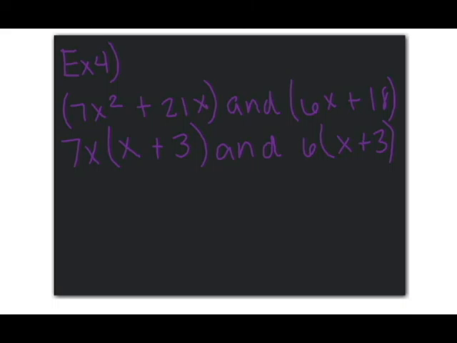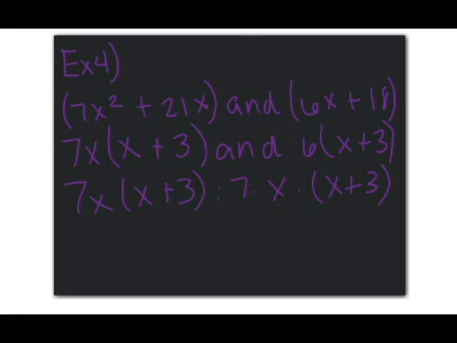So 7 is already prime. So we have 7x, x plus 3. We break that down into 7 times x, plus 3.